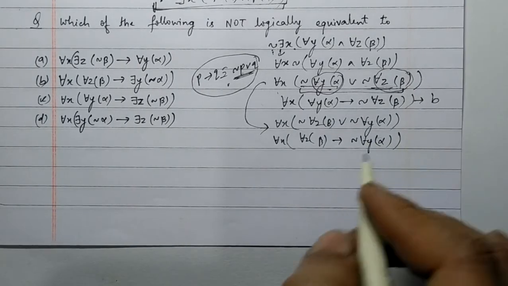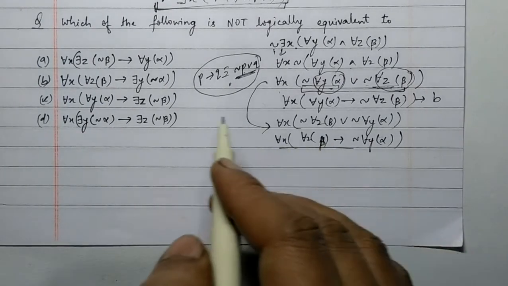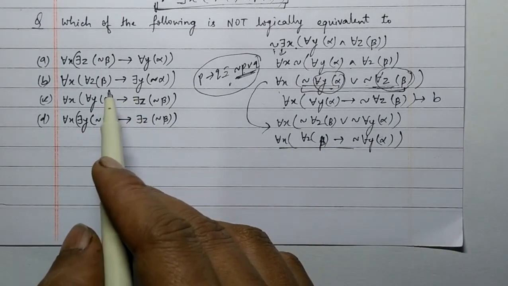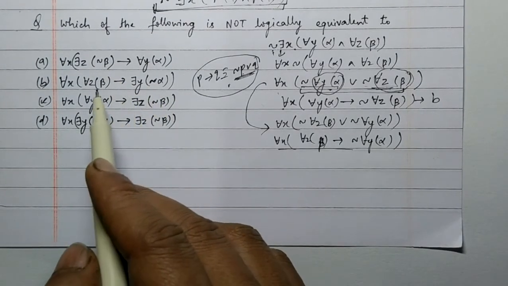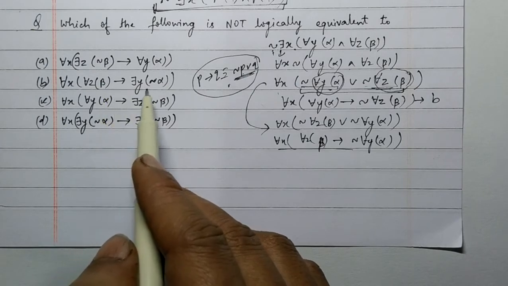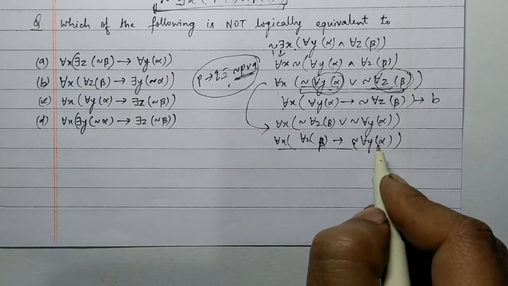Now again you will see carefully, this term matches with, I think, this term, that is B. How? This not will be transferred from this place to this place.